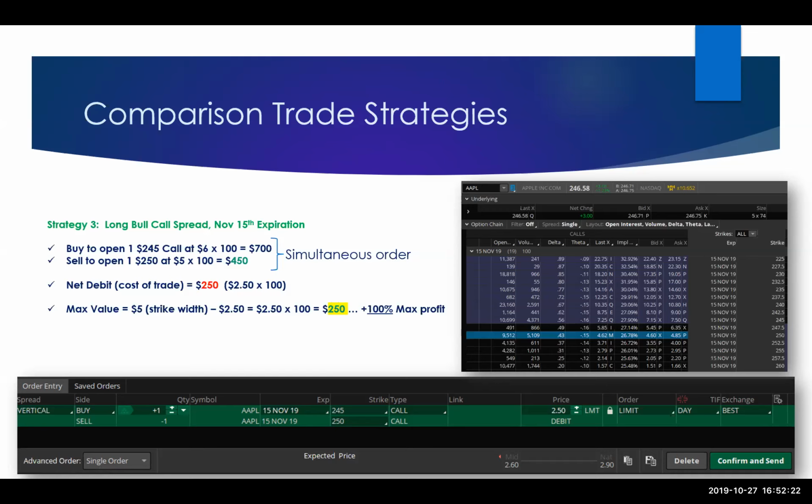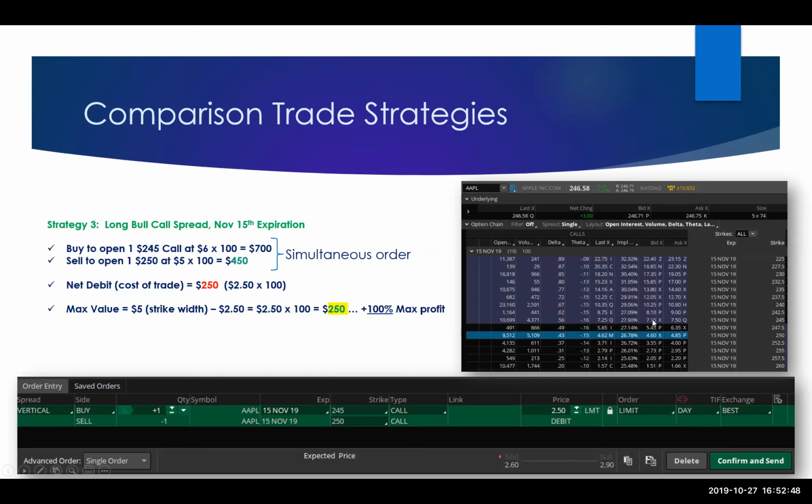So if Apple shoots up 10 more dollars, the maximum you can make is $250. You can make a lot more on your other option. If you bought this option here, the 245 for $7, and Apple went up $10, you're going to be up a minimum of $5, probably more like $6, because this delta keeps increasing as it goes further in the money.